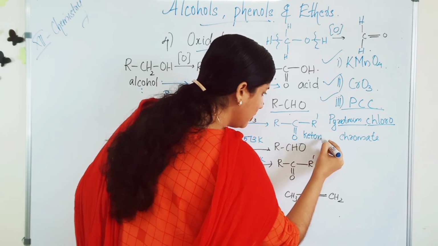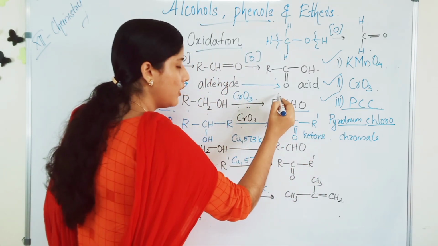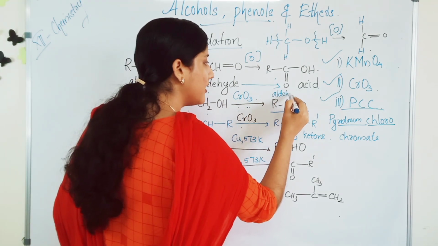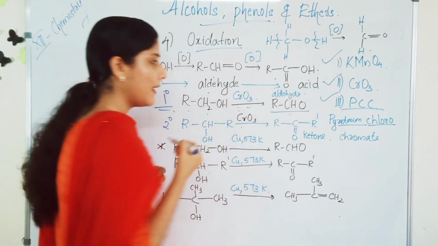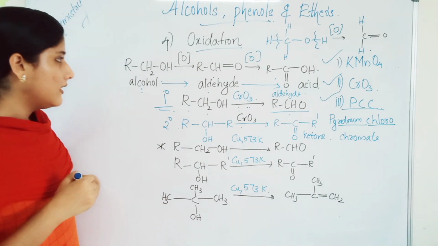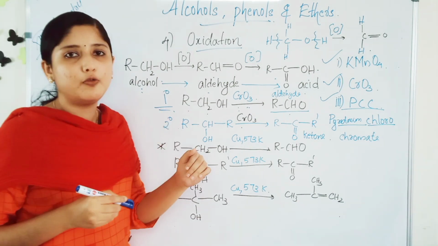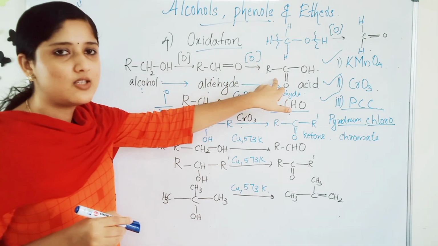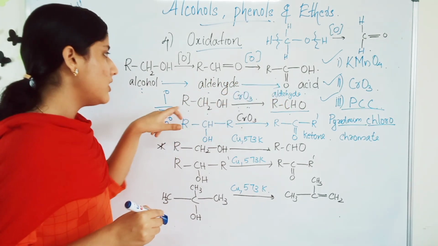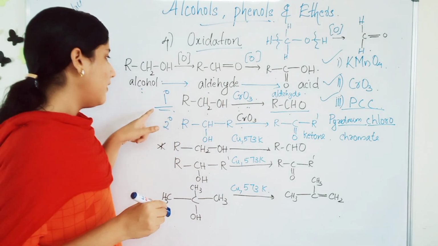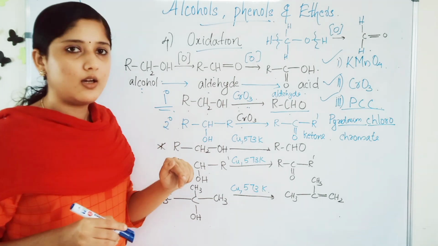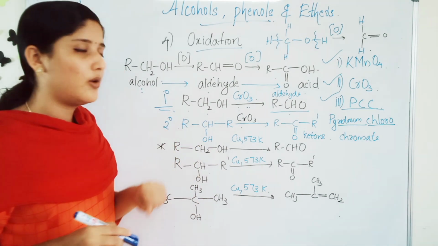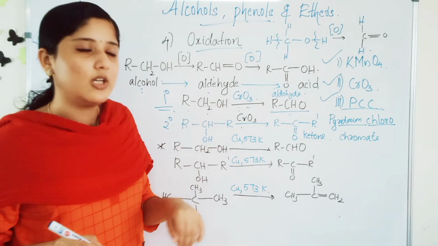These are the things. When we are using KMnO4, alcohol directly oxidizes to acid, as it's a strong oxidizing agent. While using chromium trioxide, a primary alcohol gives the aldehyde, and a secondary alcohol oxidizes to ketone.